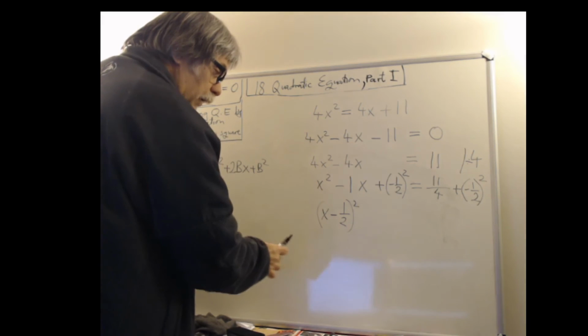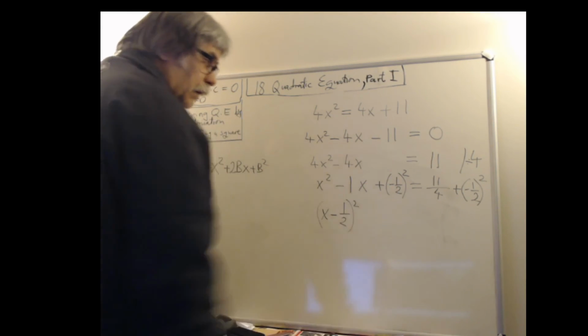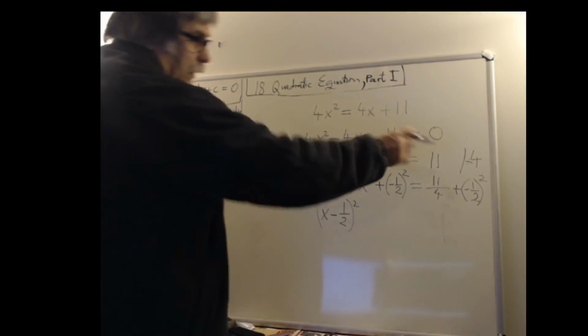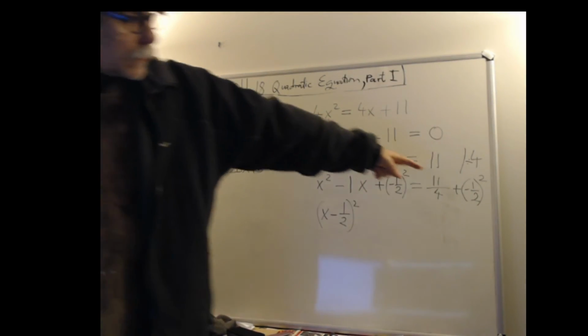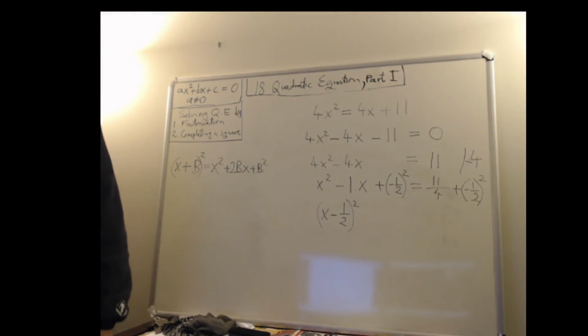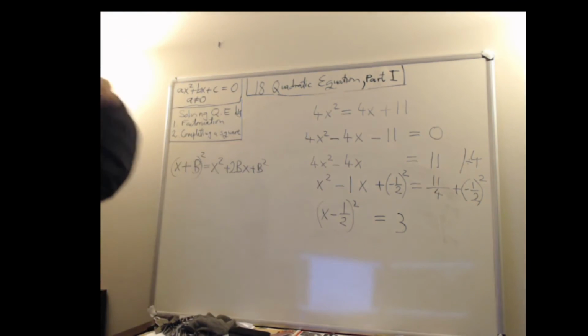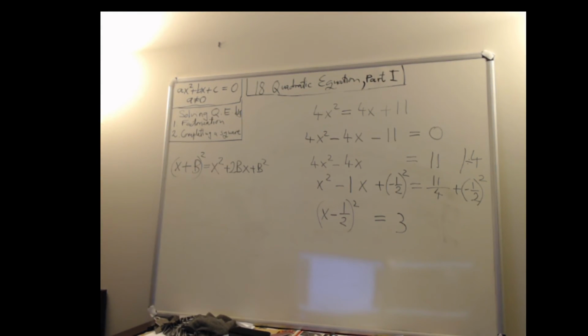Square, you got here. 2 times this, you got here. Square this, you got here. On the other side is peanuts, right? You have the 11 quarters and 1/4. This is 1/4. You square the 1/2, you get a quarter. And negative times negative, of course, is going to be positive. So you're going to have 11 quarters and 1/4. That would be 3, right? 12 quarters. So that's the right side. It's not really that hard.